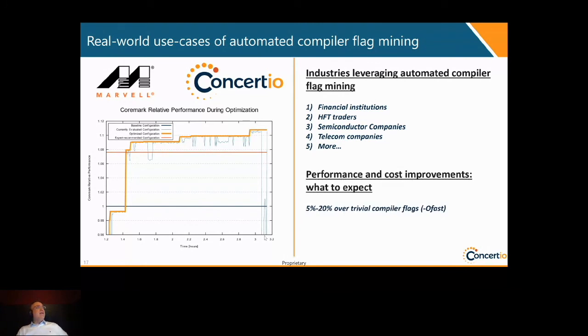And what we typically see, the bottom line, is between 5 to 20% of improvement when you start experimenting with compiler flags over -Ofast. And because this can be integrated into an existing CI flow, you get it basically for free. You implement it, it takes you 1 day, and it works in the background.